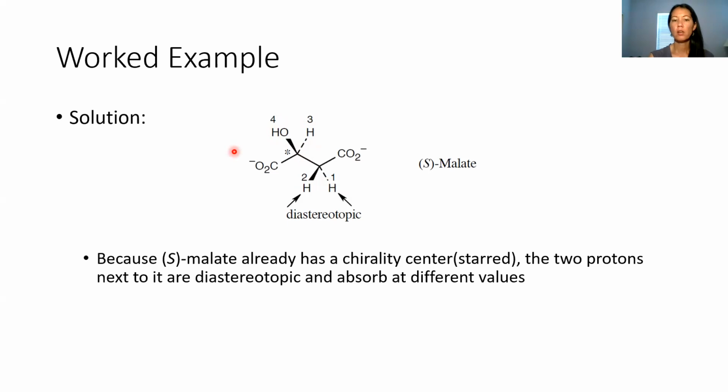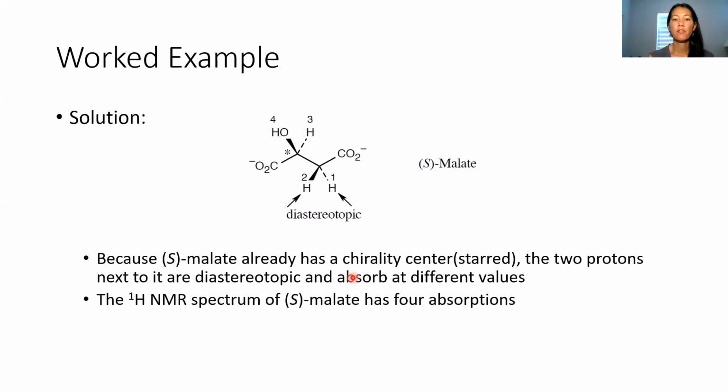So you will see 4 different absorptions or 4 different peaks in the NMR. So again, only when you have that chiral center will you expect different peaks for the H's on a carbon that you would have maybe initially thought were equivalent.